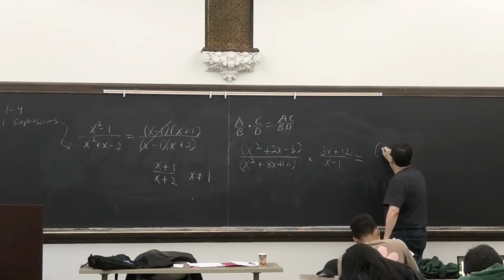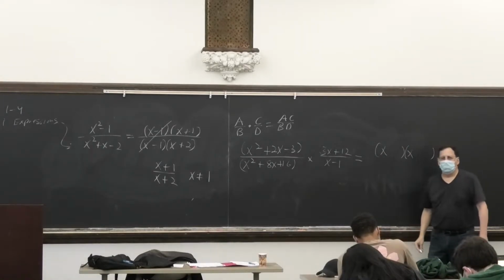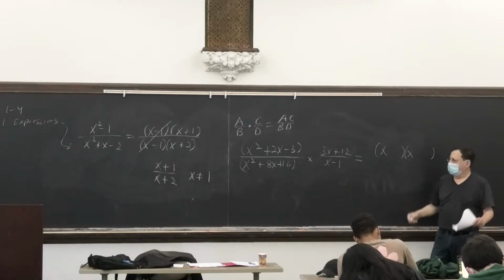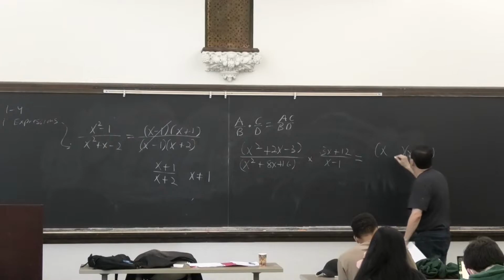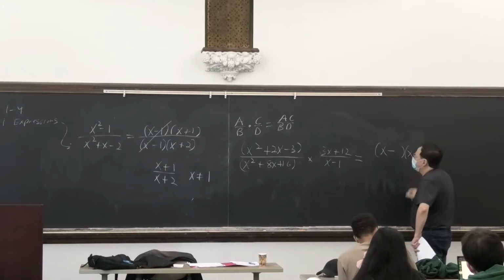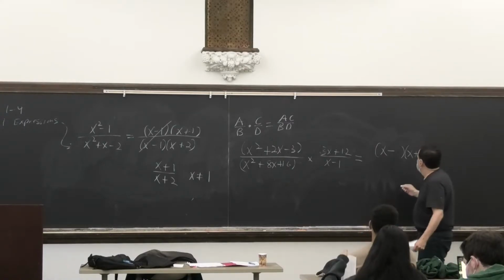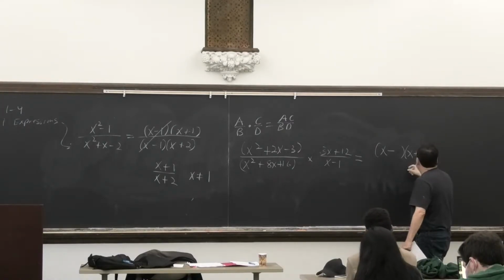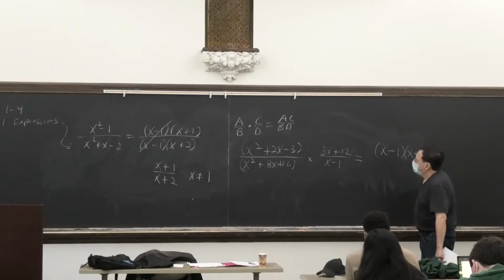Up here we have x. Again, for a lot of these problems, reverse FOIL is going to work fine, just because they set them up that way. We have minus 3, so we have a minus and a plus. And we have 3 and 1, the factors. Clearly, we make 3 the positive, minus 1 the negative, and we'll get 2x.